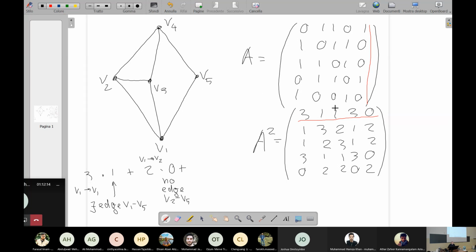From V1 to V3, I have a 2 walk. Well, just 1 2 walk is written here, which is this one, okay? So, plus 1, which is from V1 to V3.